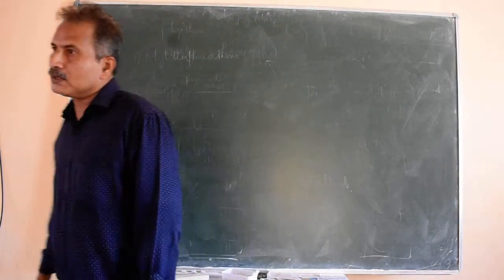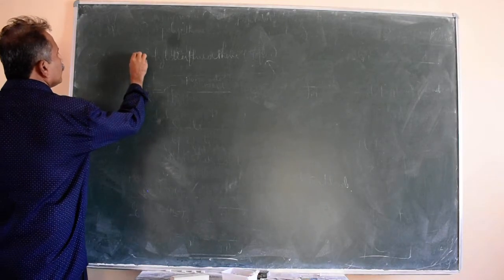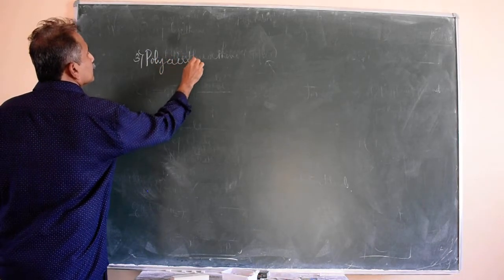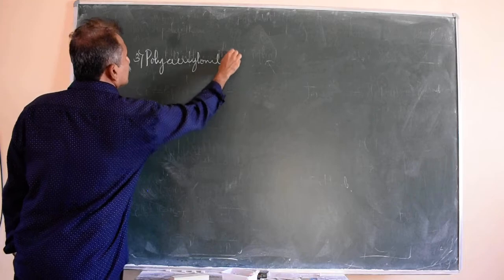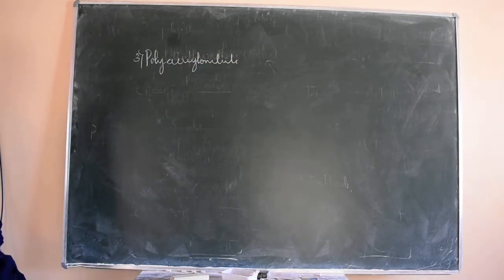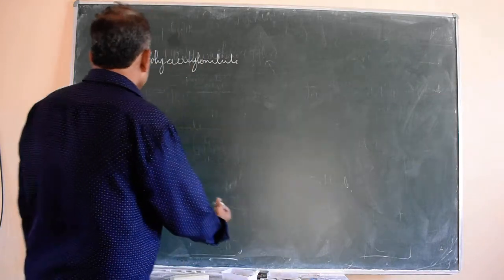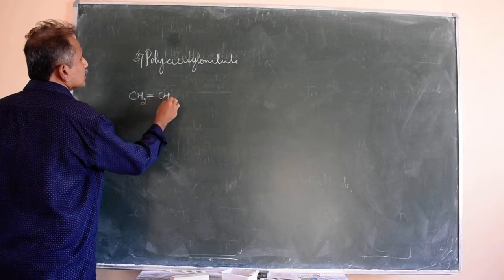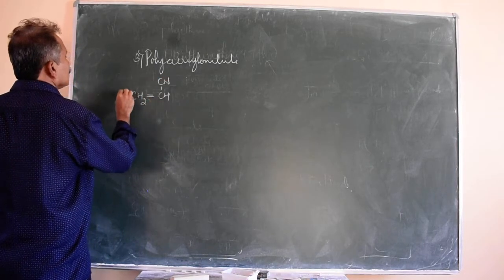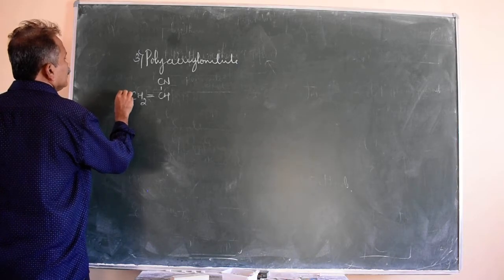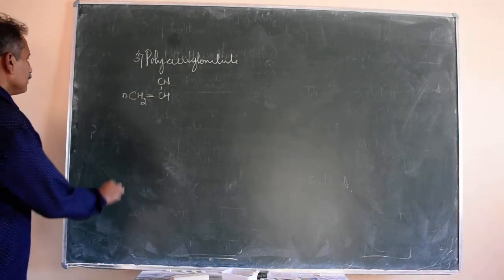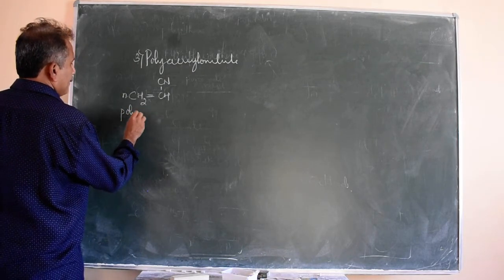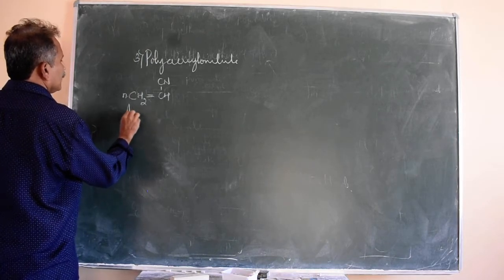Similarly, we have one more, that is polyacrylonitrile. CH2 double bond CH dash CN, n number of times. This is acrylonitrile.